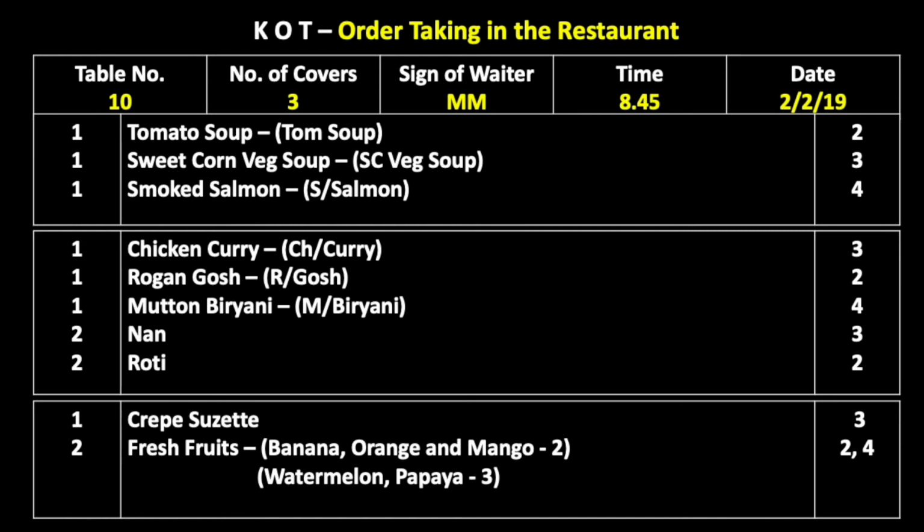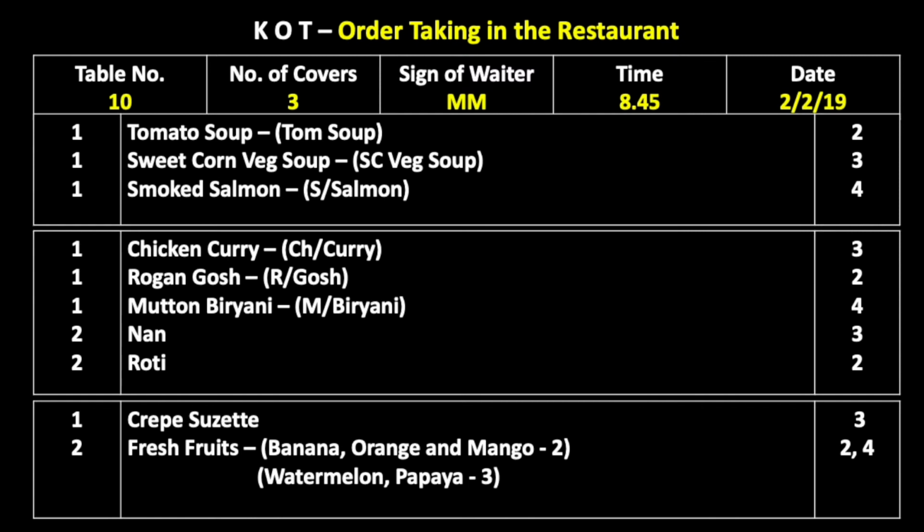Again, the next guest ordered a sweet corn vegetable soup. Have a look at the abbreviation SC vegetable soup, which is very common between you, the chef, and the cashier. This is ordered by chair number 3. Chair number 4 has ordered a smoked salmon.